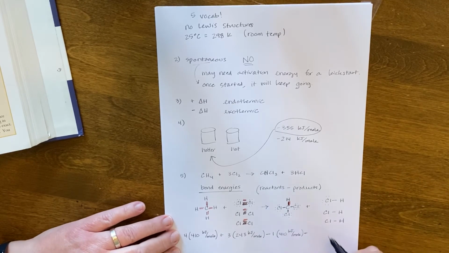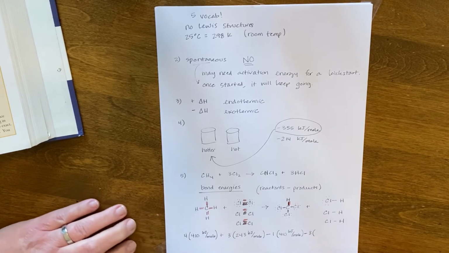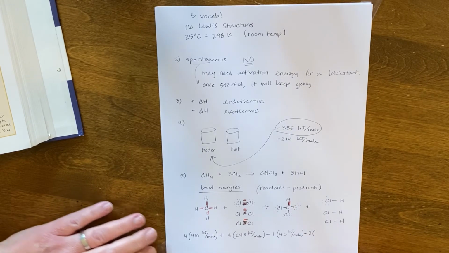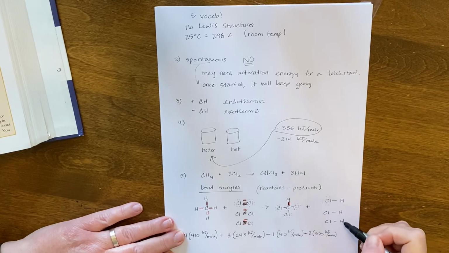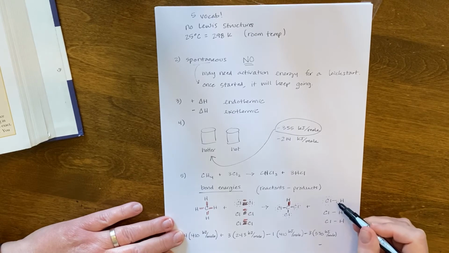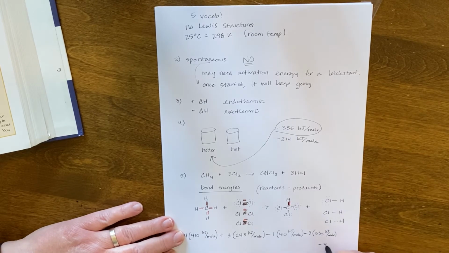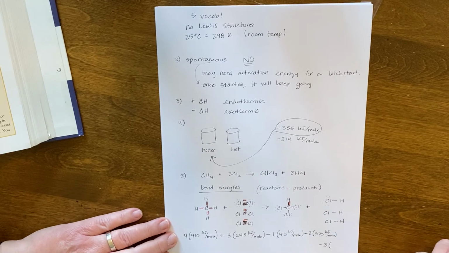So again, I'm in reactants, so I'm going to subtract my 3 single bonds between carbon and chlorine, which are 330 kilojoule per mole. Then lastly, I'm in my products, so I'm going to subtract. I have 3 single bonds between hydrogen and chlorine. And if I look that up, that's 432.